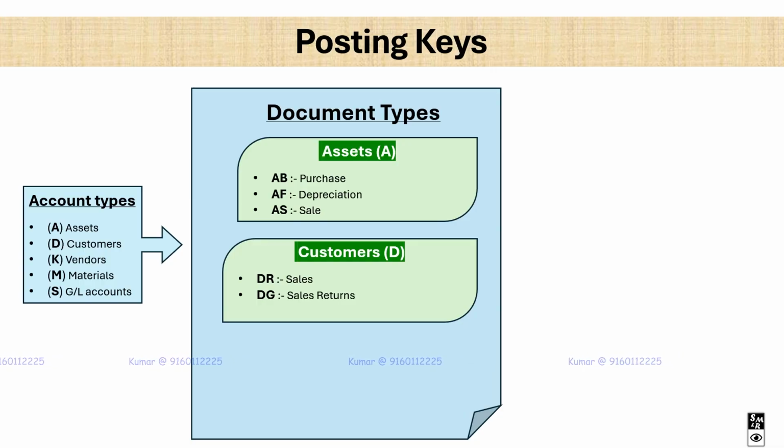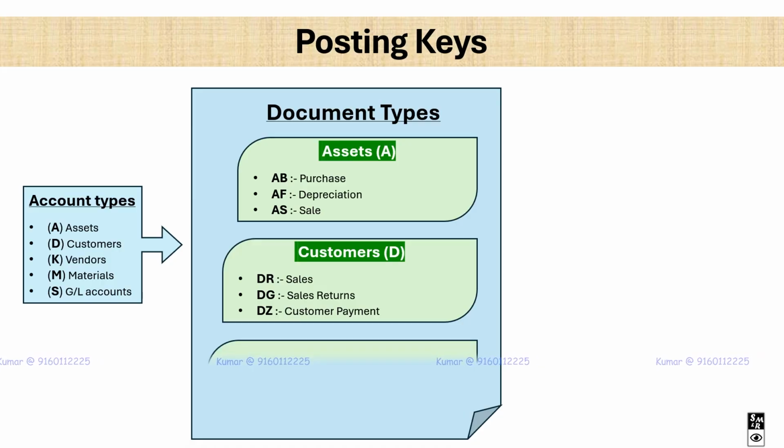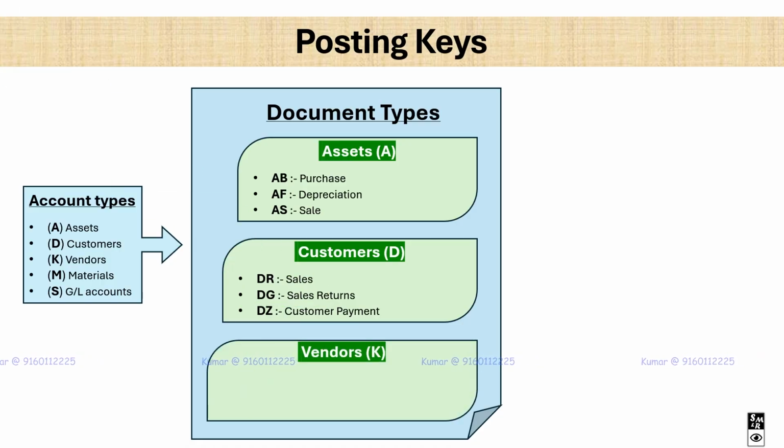That is the reason document type is different. DG. And customer payment. Same customer to whom we sold the goods, he is coming back and paying us the money. So when he pays the money, we are going to use the document type DZ. That is customer payment.